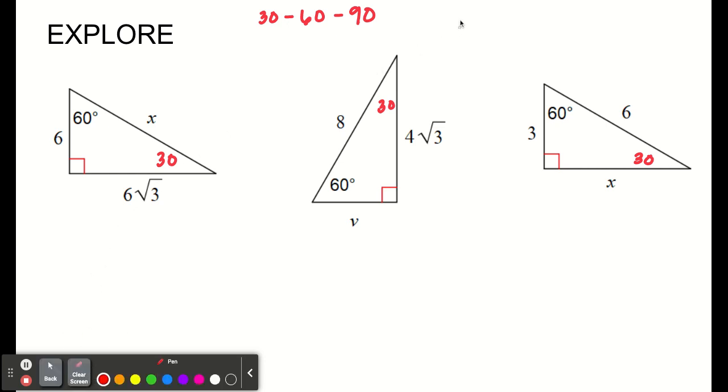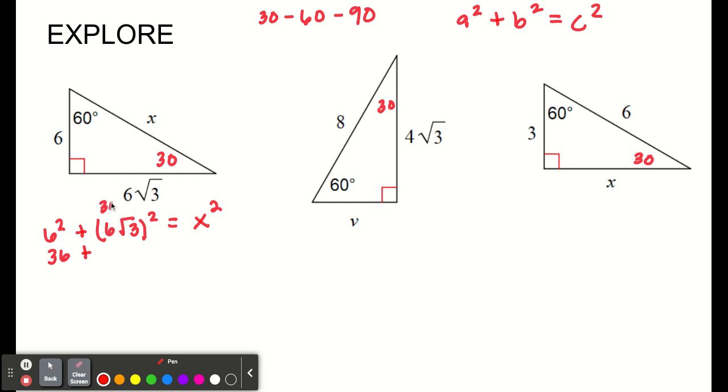So remember, the Pythagorean theorem is a squared plus b squared is equal to c squared, where c has to be the hypotenuse. So for this one here, we're going to have 6 squared plus 6 radical 3 squared is equal to x squared. 6 squared is 36, plus 6 rad 3 times 6 rad 3 is going to be 36 times 3.